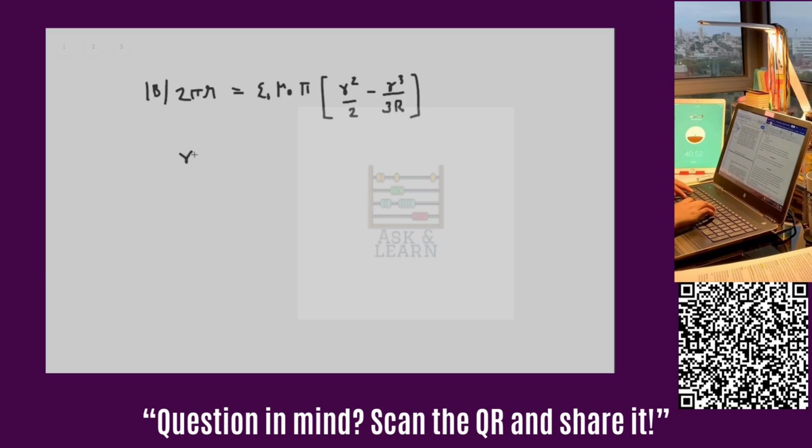And for r equal to 0.02 meters, with capital R equal to 3 centimeters, that is 0.03 meters, we get a value of B, which is the magnitude of B, that's 3.09 times 10 to the power minus 20 teslas.